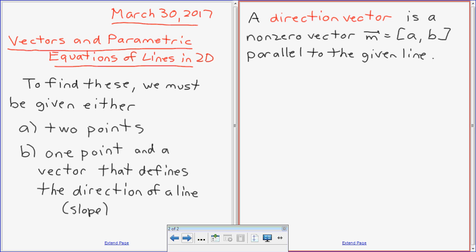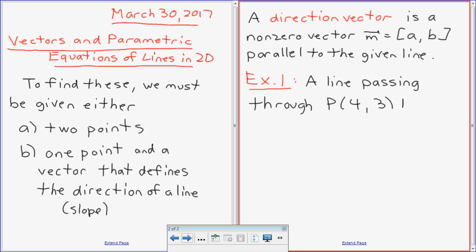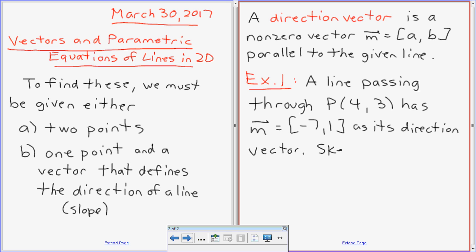Here we go. Example 1. A line passing through P (4, 3) has m = (-7, 1) as its direction vector.